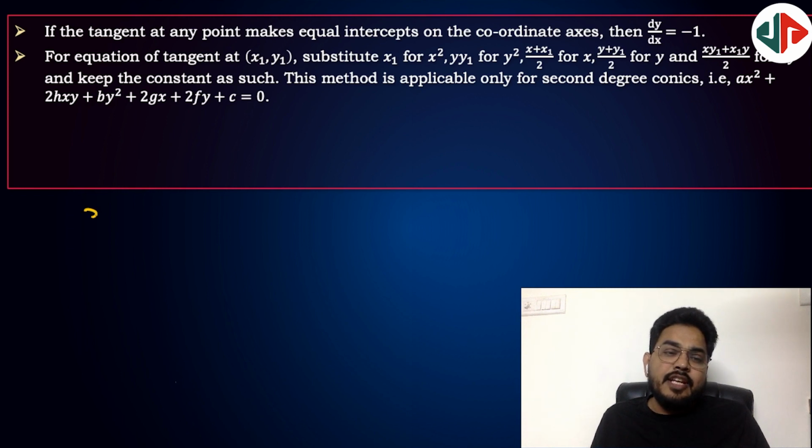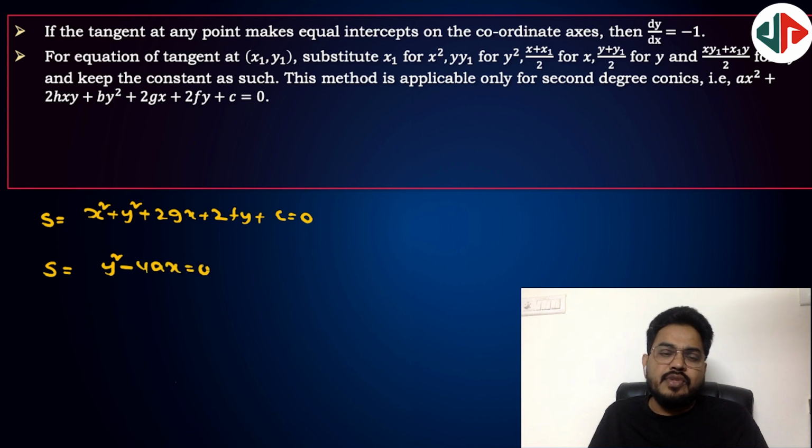Circle equation is x square plus y square plus 2gx plus 2fy plus c is equal to 0. Parabola S is y square minus 4ax is equal to 0.